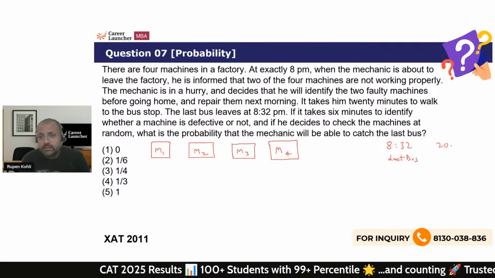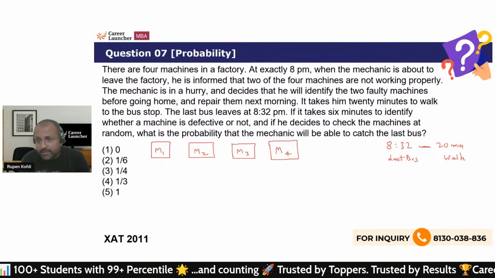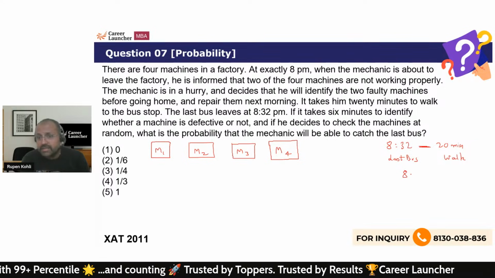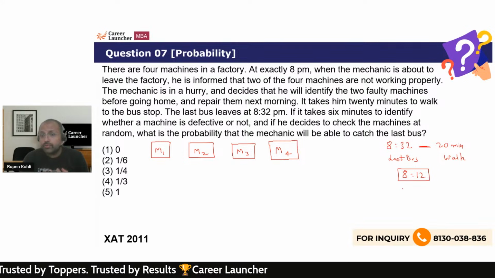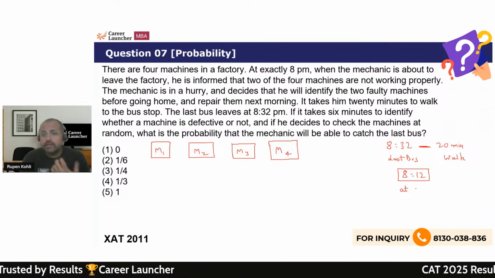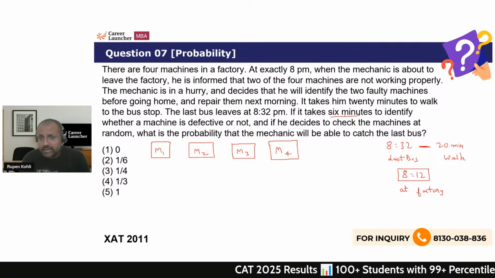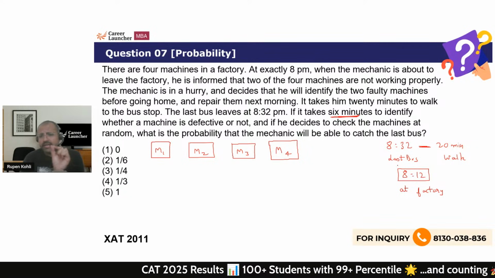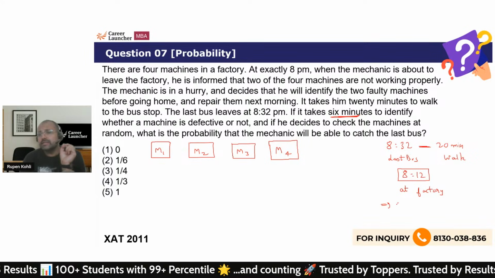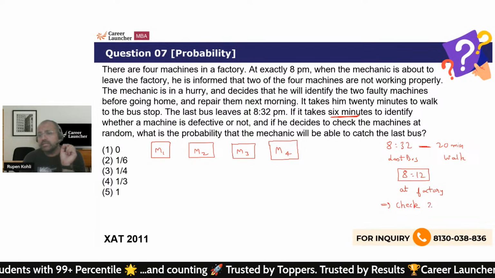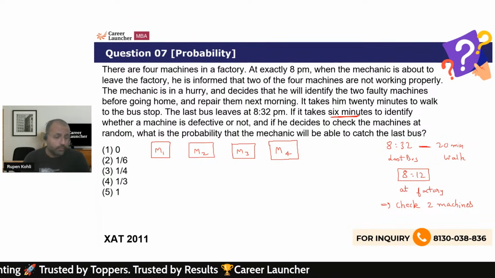So 20 minutes prior to 8:32, which is 8:12, is the last time he can afford to be at the factory premises, right? And since it takes 6 minutes to identify, he has barely sufficient time to only check 2 machines. He can only check 2 machines out of the 4. He cannot check all 4.